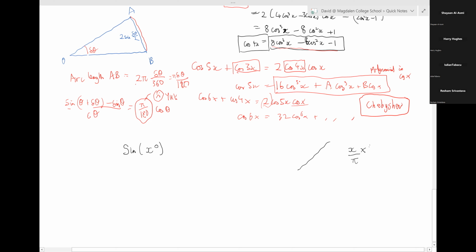So x degrees is pi over 180 times x radians. Okay. So sine x degrees in radians is sine of pi over 180 times x. And now if we differentiate, we can just use the chain rule.